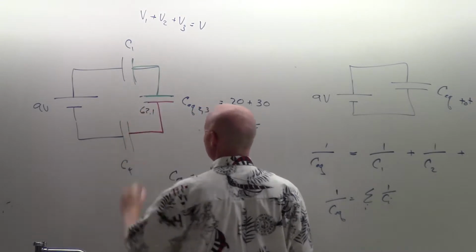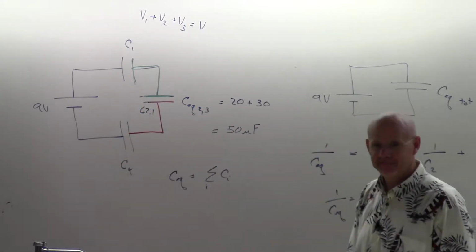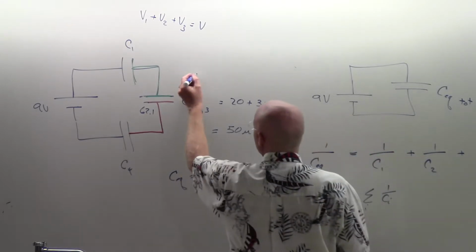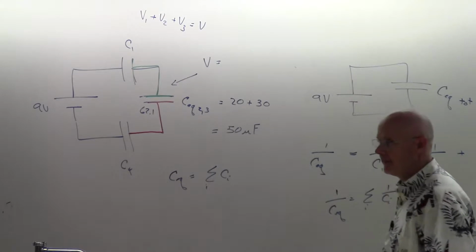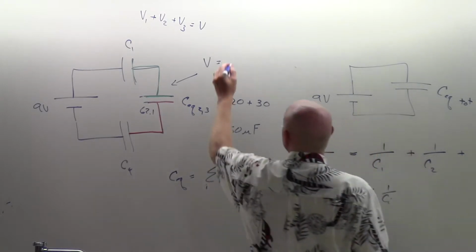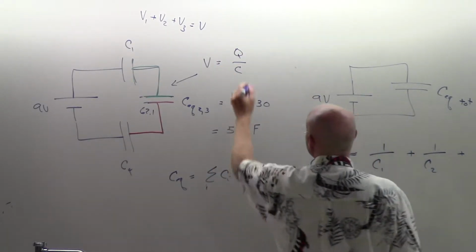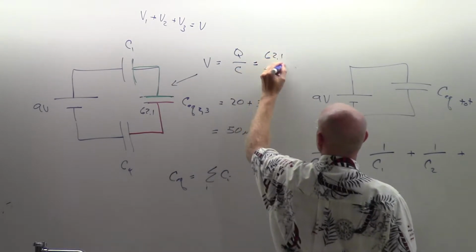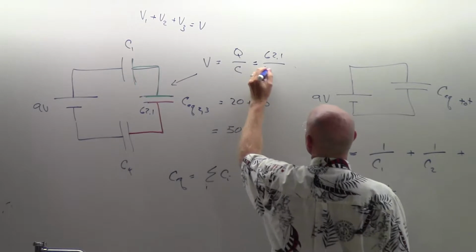Yeah, this is 62.1 on that equivalent, right? So could you get the voltage on that equivalent one? Yeah, it's Q over C, right? And so your Q is the 62.1. Your capacitance of this equivalent is 50.